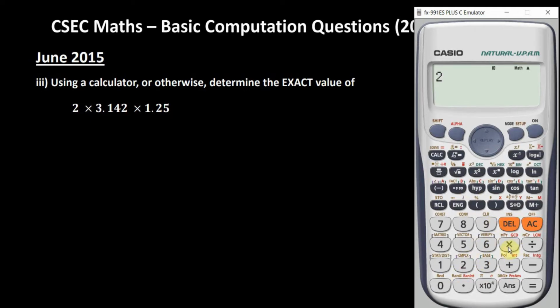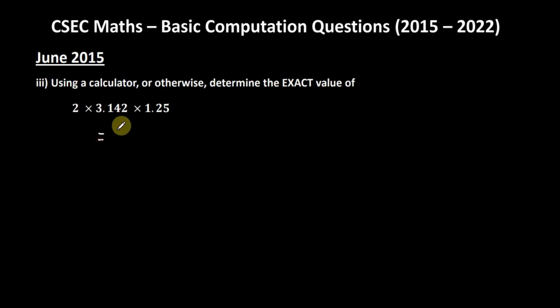So it's 2 times 3.142 times 1.25, and of course we can press the equal sign to get our result here, and again it appears in fraction form, so we want to press this button here so we can get the result as a decimal, which is 7.855, and that's pretty much the exact value for this expression right here.